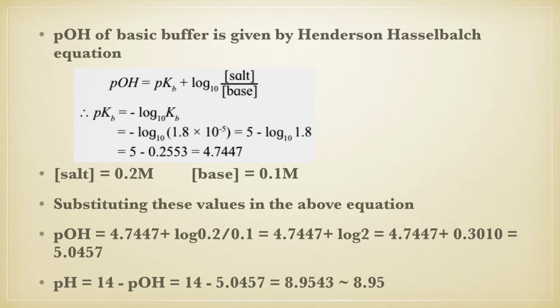Now, concentration of salt and base is given. We can directly substitute the values in the above equation, that is the Henderson's equation, and that value comes to be around 5.0457. So substituting this value in the formula pH equal to 14 minus pOH, we'll get 14 minus 5.0457, which is equal to 8.9543.